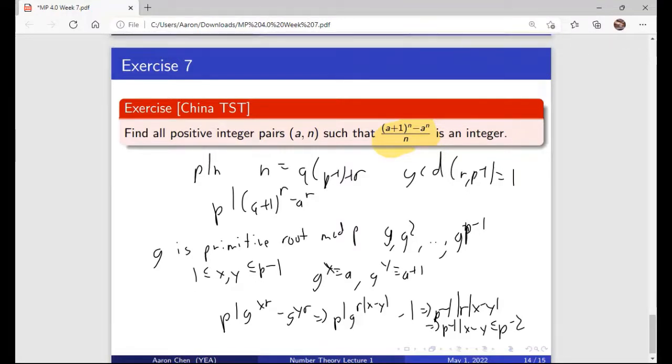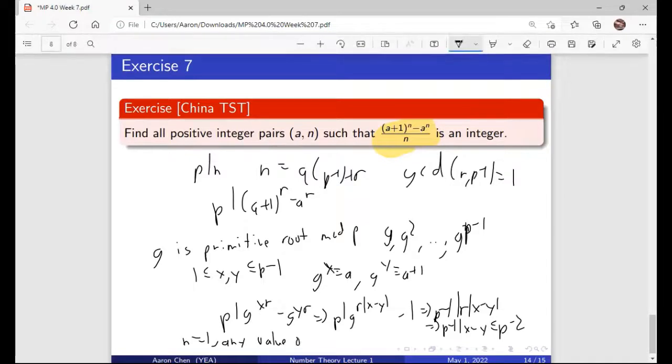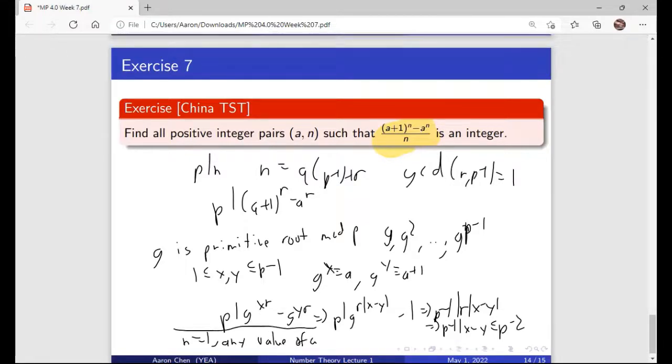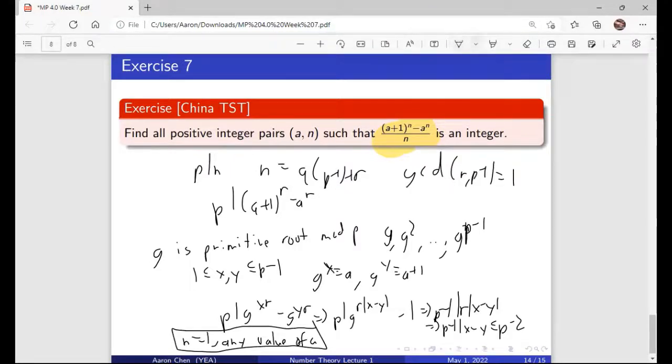And so this is a contradiction. That means that there are no primes that divide n, so n is just equal to 1. And if n is equal to 1, any value of a works. So that's the answer to this question.